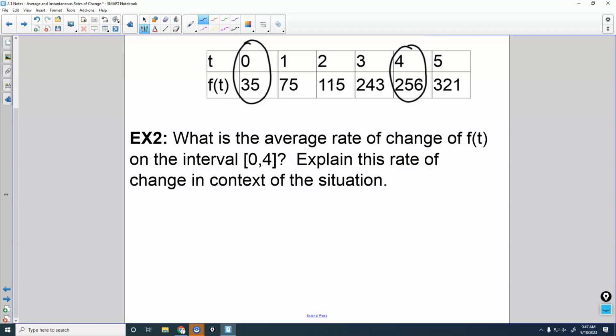Not 256. Did you use 256? It was already counted to 35. You have to take away the 35. 221. So we would do 256 minus 35 over 4 minus 0. So you get 221 divided by 4, and that is going to give you 55.25. So we have to explain what's happening here.